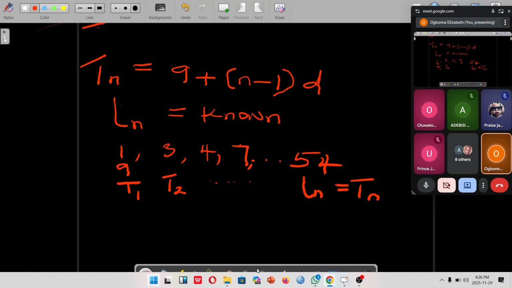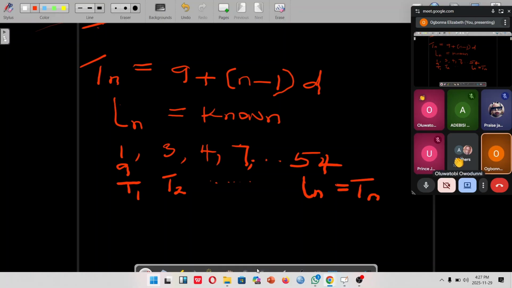So if they say you should find the sum, we have 2 sums, formula for the sum for AP, and we did it last time. Who can raise up his hand and please remind us the 2 formulas we have? Somebody should raise up the hand and tell us the formula.